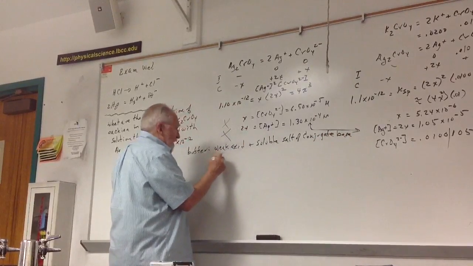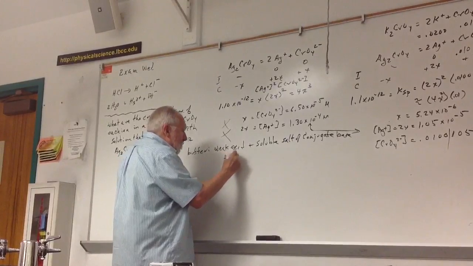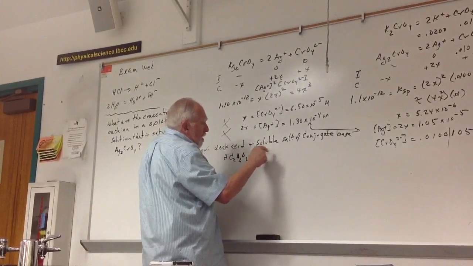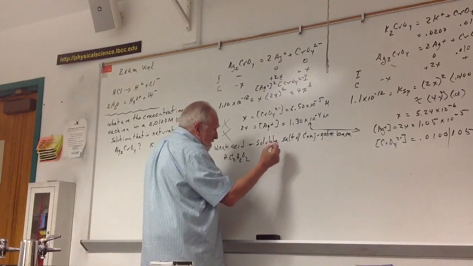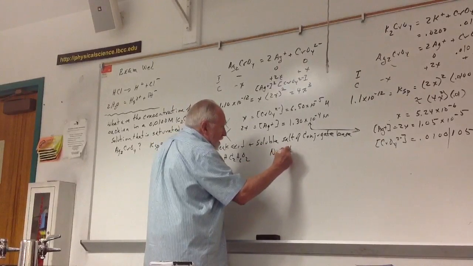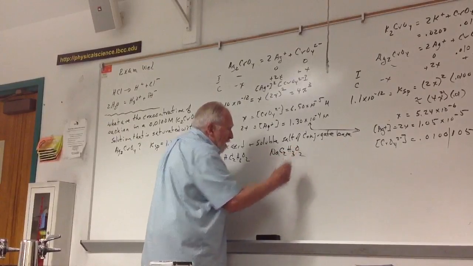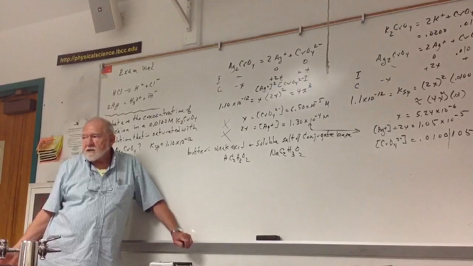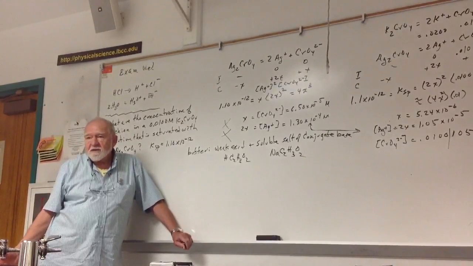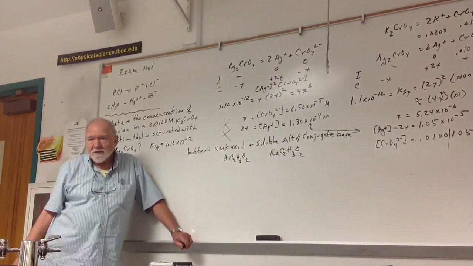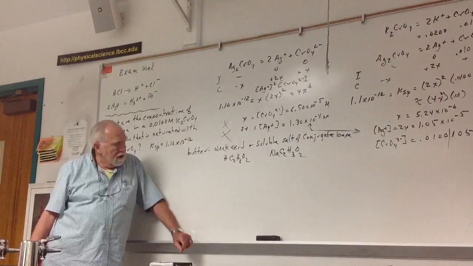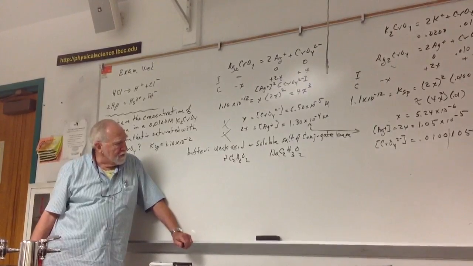So this was acetic acid, and the soluble salt of the conjugate base, I chose sodium acetate. But as somebody said, I could have picked any other acetate compound, because what are the solubility rules for acetates? All acetates are soluble except silver acetate is slightly soluble. Okay, so we could have picked any other acetate source.